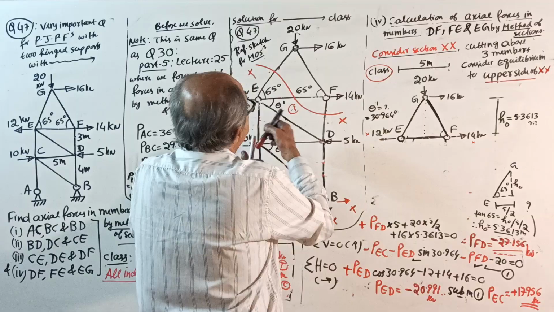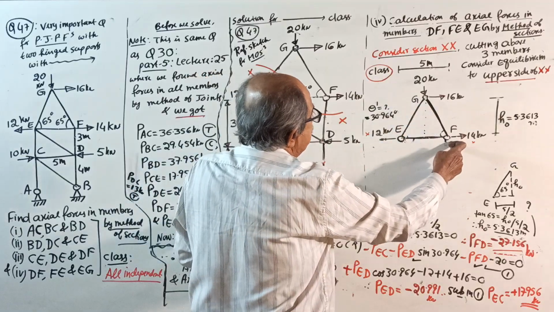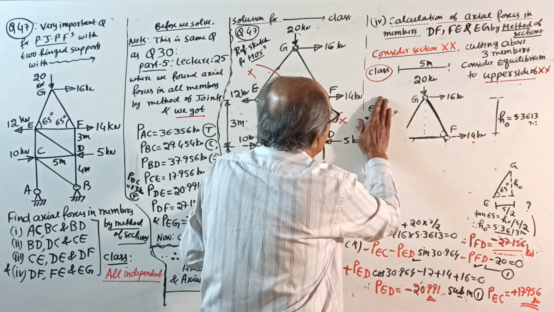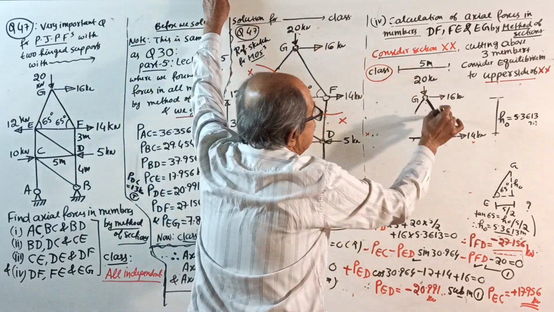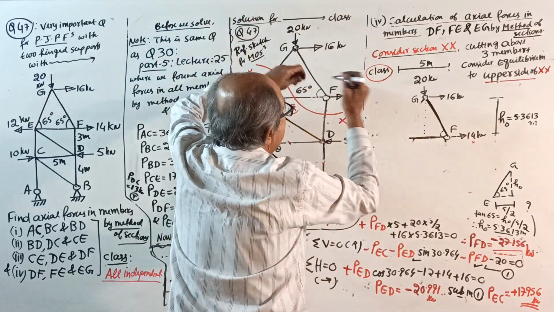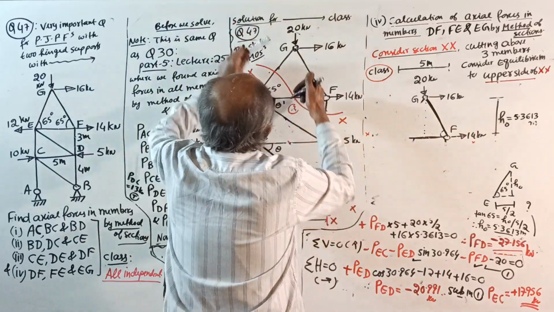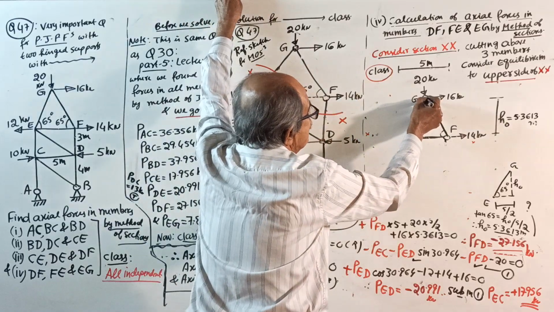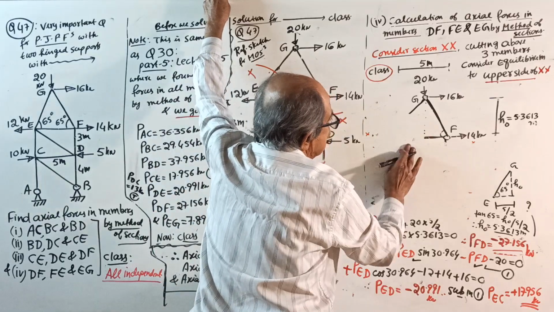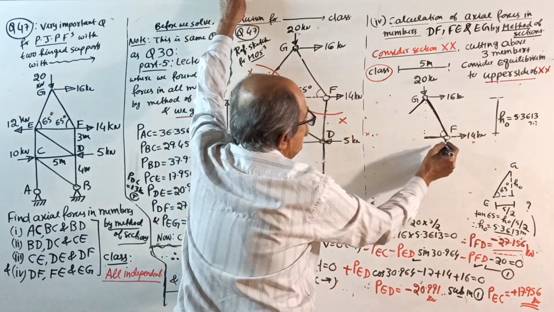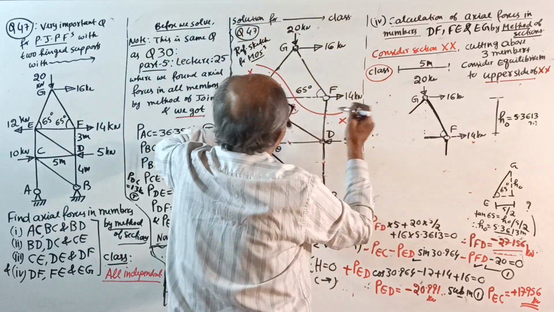G intact, F intact. This also is not there. See, only GF intact. So, your cut will come up to here, some distance. Some space problem is there here. One more will come down this way. See, your cut is.